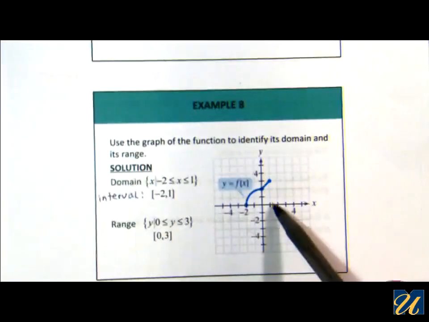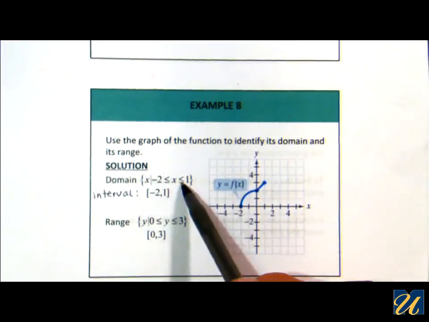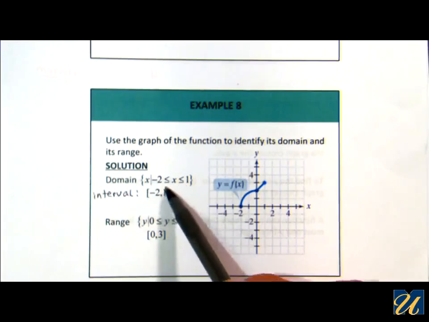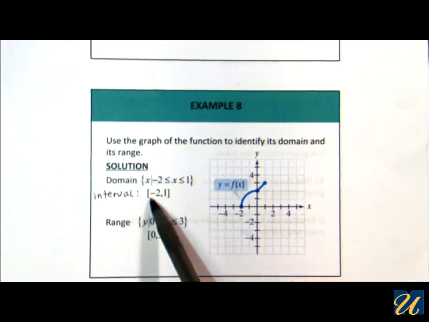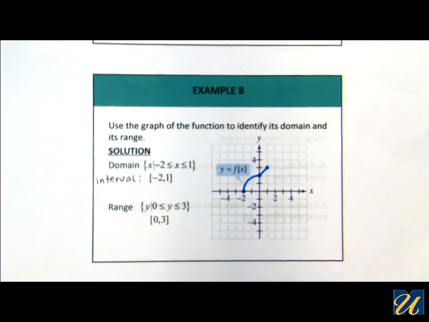And also including 1 right here, the solid dot, also means the equal to in the inequality, also a square bracket. So this is the interval for x from -2 to 1, meaning there is a y-coordinate on the graph for all x values between -2 and 1, including -2 and including 1.